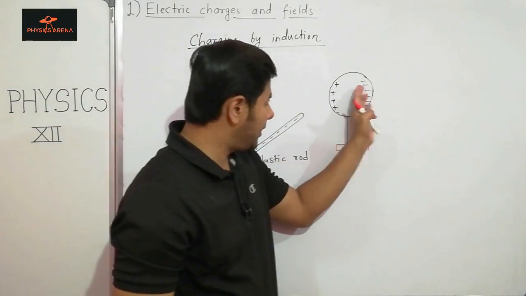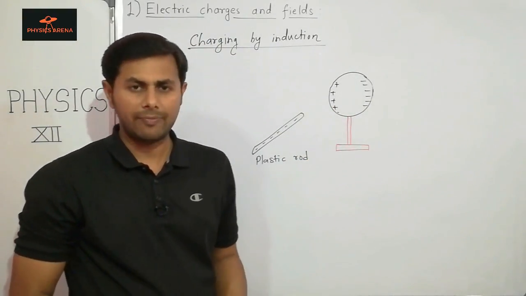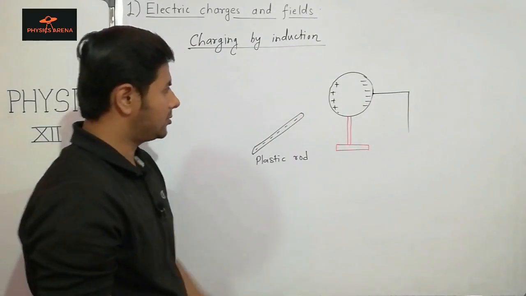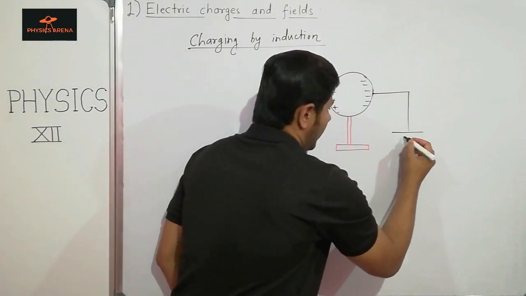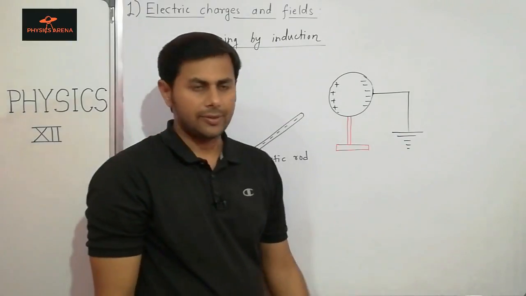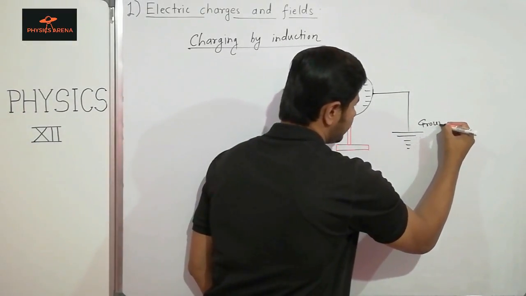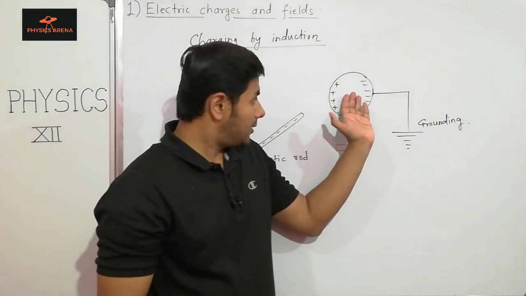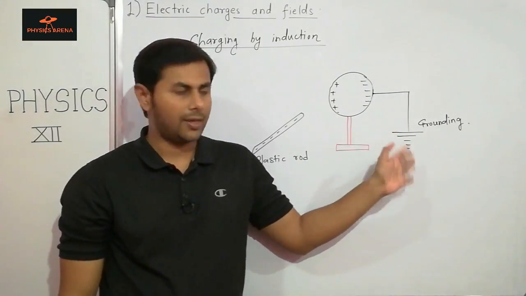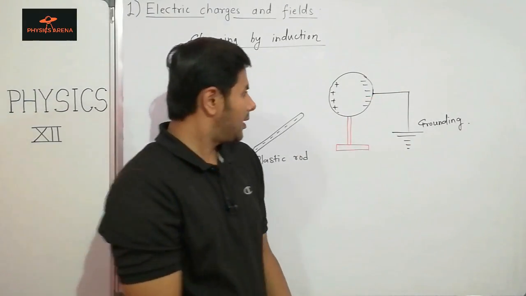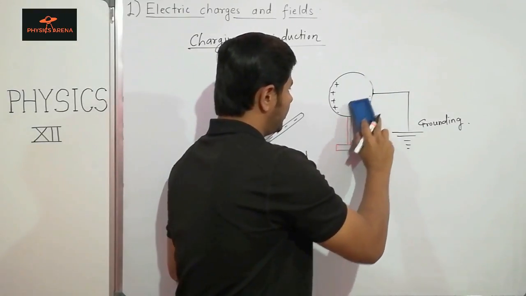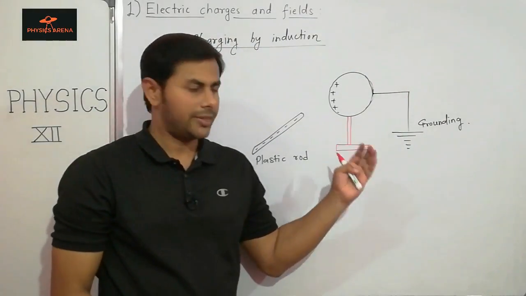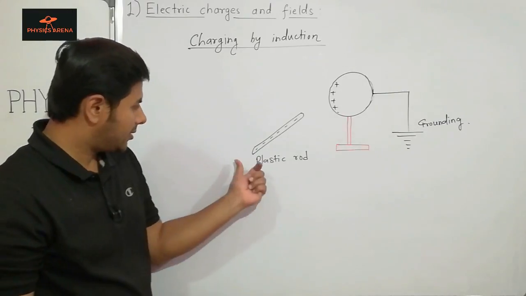Now we have to take out this negative charge by some mechanism. So we connect a wire to this side and we connect that wire to the ground. So this is grounding. Now these electrons will flow to the ground through this wire, and then there will be only this positive charge left, which is held there by the force of attraction due to this plastic rod.